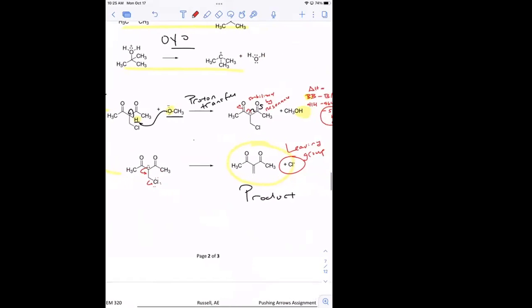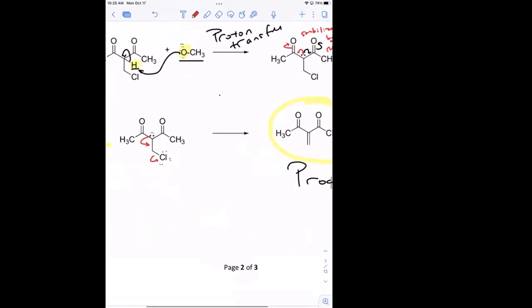So let's calculate delta H for this reaction. Bonds broken minus bonds formed. What did I break? Carbon chlorine bond, good. And then what did I make? Carbon-carbon, yeah, a pi bond, not a sigma bond.